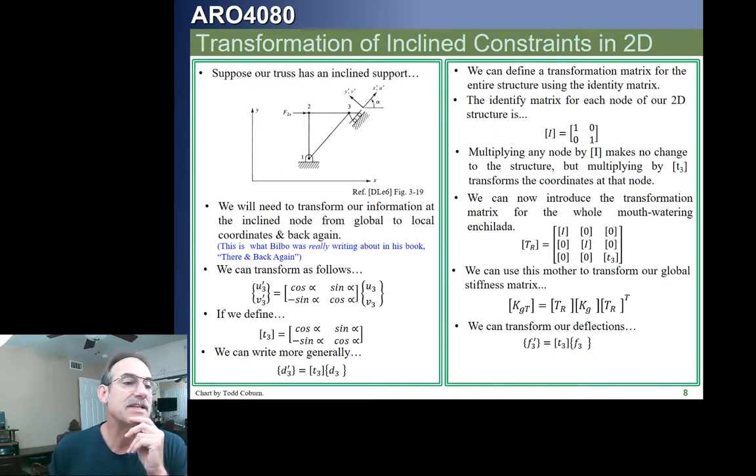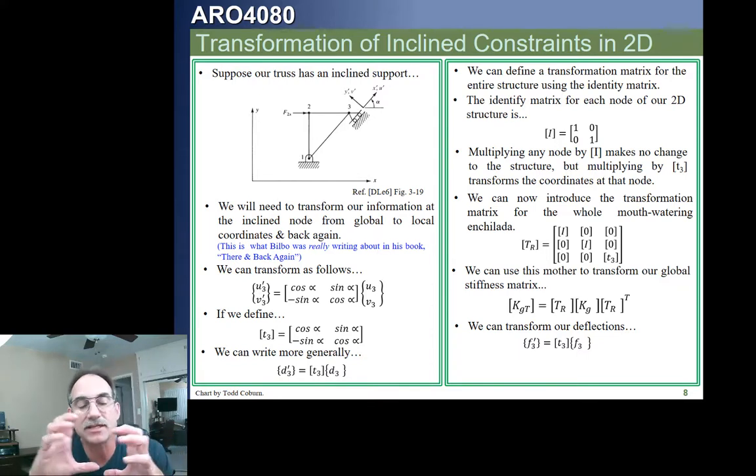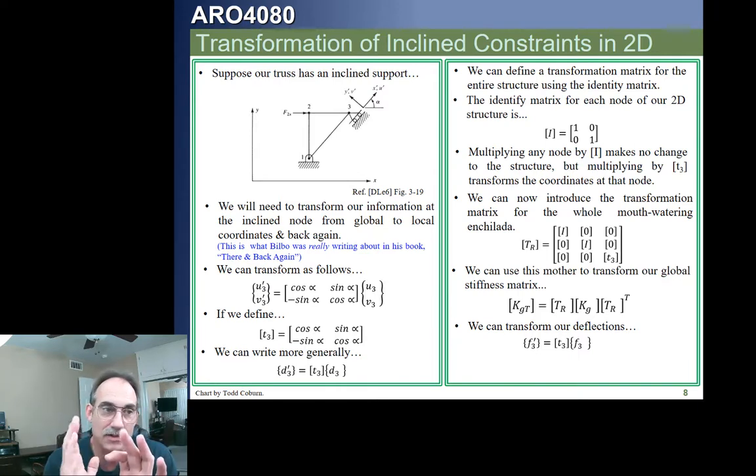We can also transform our deflection. So we're going to use this global transformed stiffness matrix with our displacements to calculate our forces, and we're going to also use the regular global stiffness matrix with our displacements to get our forces. We're going to see how that works in a minute. We can also transform our deflections at any node.